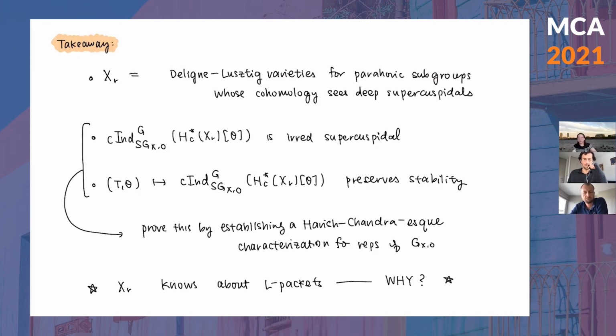And so now that we have these theorems, the natural question to ask is, is there a geometric explanation for all of these? Why is it that XR intrinsically knows about the Langlands correspondence? And so I will stop here. Thank you very much.